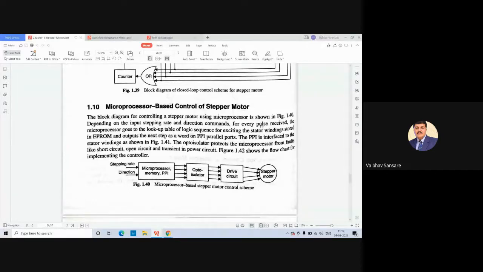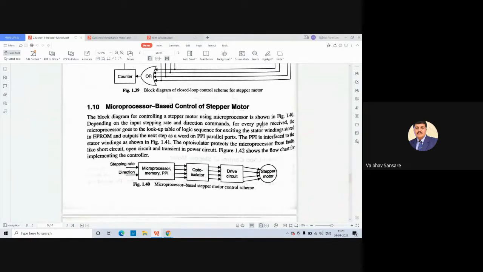The stator windings are connected in different control strategies, and according to the logic sequence generated by the controller, the stator winding gets excited. Accordingly we obtain the desired step angle, desired stepping rate, and desired direction of the stepper motor.